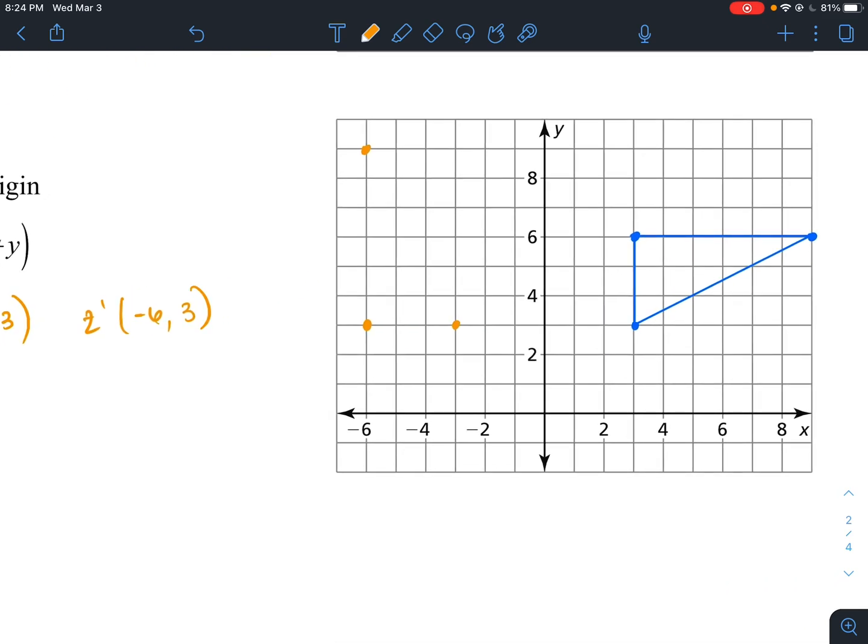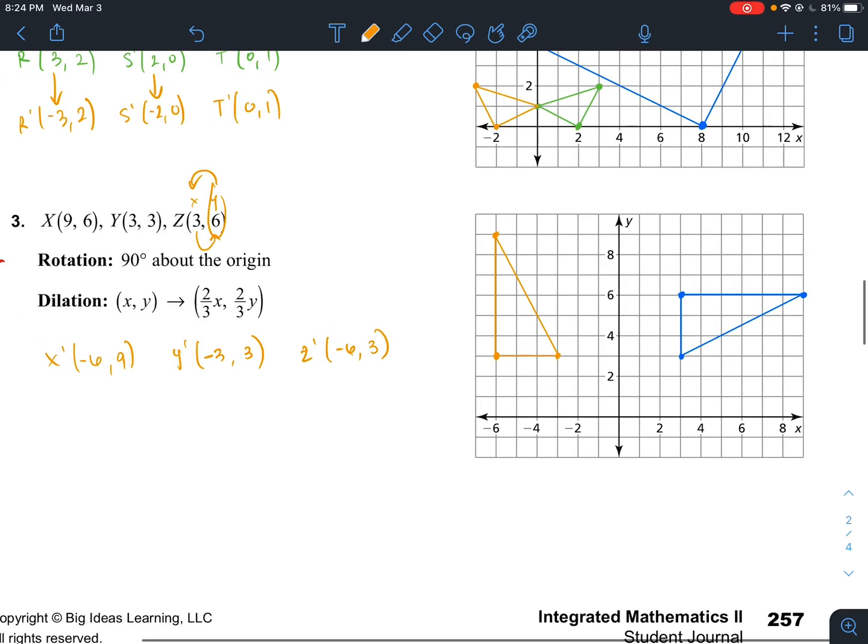So again, this point right here, which was right here, has been rotated 90 degrees. You can see the 90-degree angle right there. And thus my transformation figure that is rotated 90 degrees counterclockwise looks like that.